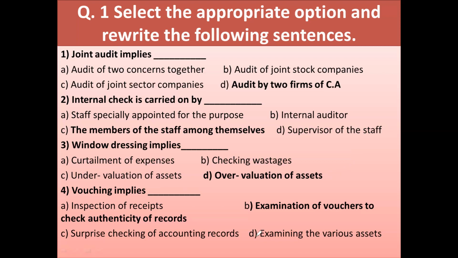Again, four options: inspection of receipts, examination of vouchers to check the authenticity of the records, surprise checking of accounting records, and examining the various assets. Vouching is mostly related to income and expenditure vouchers, receipt and payment vouchers, so the examination of vouchers to check the authenticity of records is the most appropriate and right answer. You have to write that there.